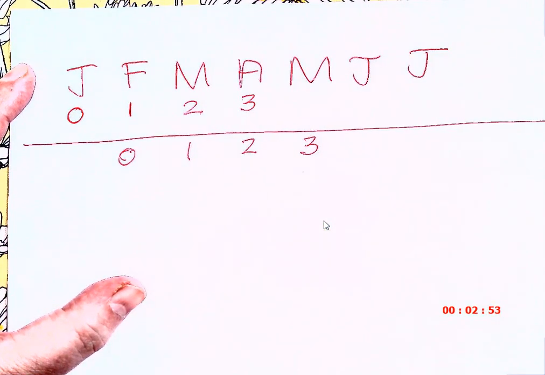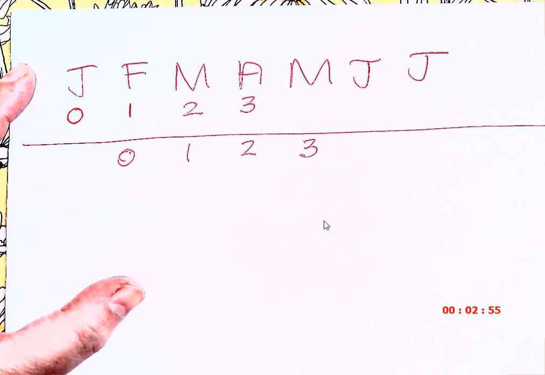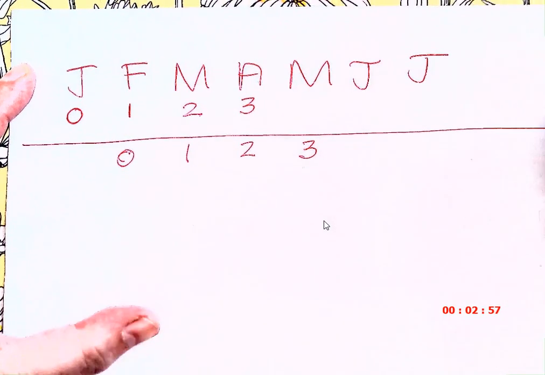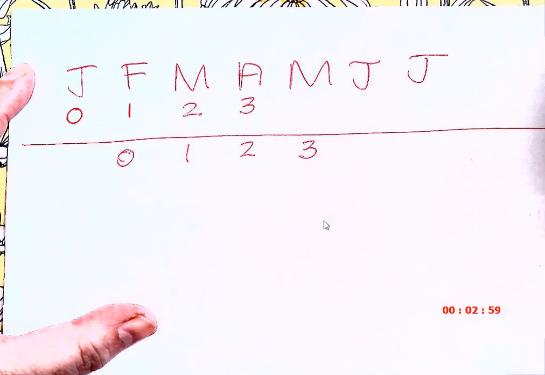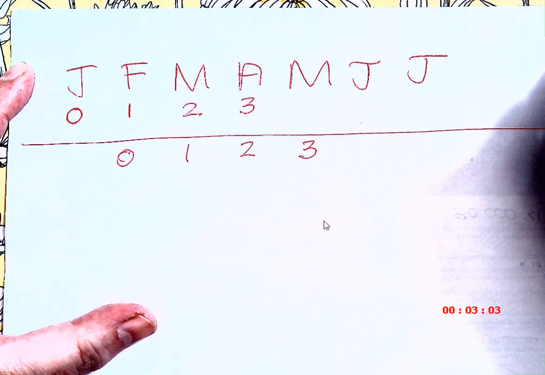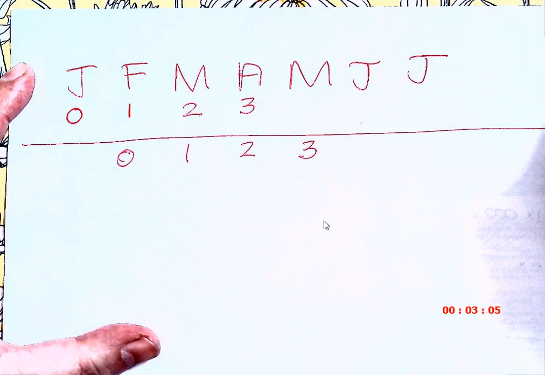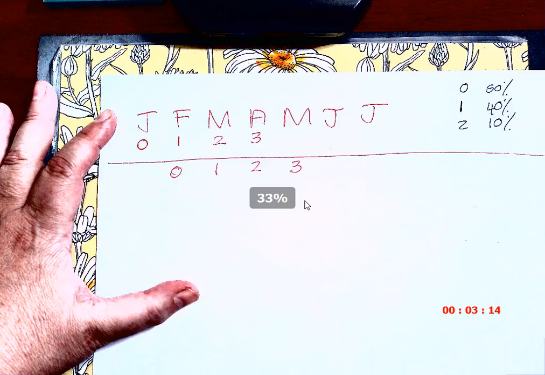So in other words, let's make it easy. I say to you, in month 0, we receive 50%. In month 1, the month following, we receive 40%. In the second month following, we receive 10%. Let's say it's something like that.